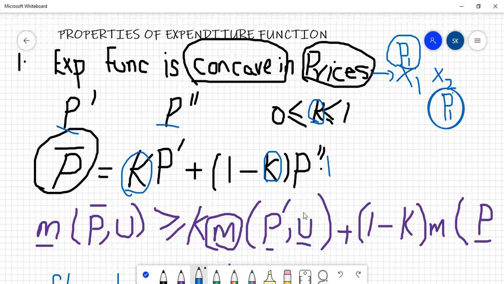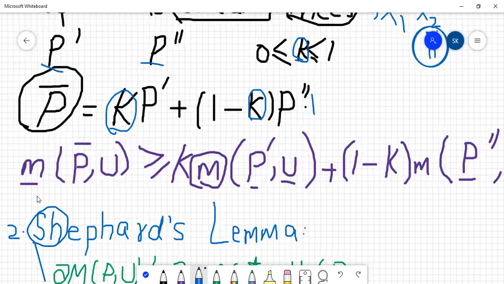Now, when deriving the property, what we get is the iso-expenditure line, which is M, and this expenditure line has P bar, the equilibrium prices, given the utility function of the individual.